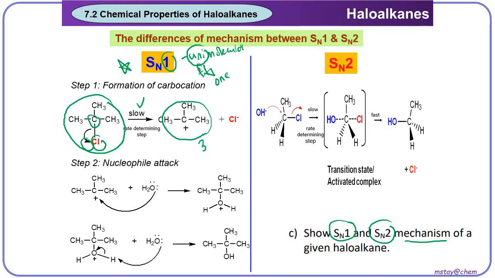Since this is a tertiary carbocation ion, no rearrangement will happen. Then step 2, where it is also mentioned there is more than one step. Step 1 always involves one type of molecule, so this is a first order reaction.